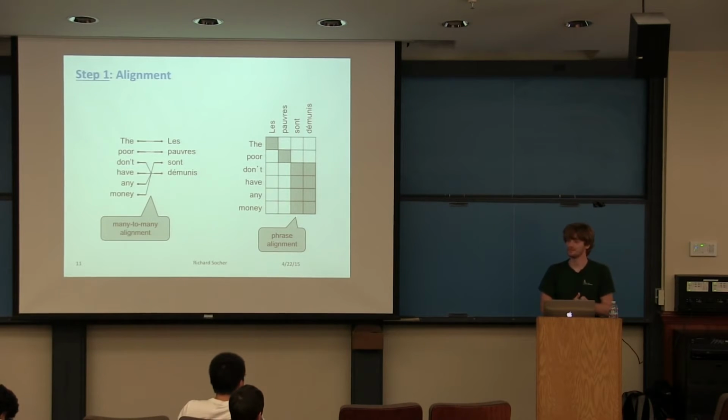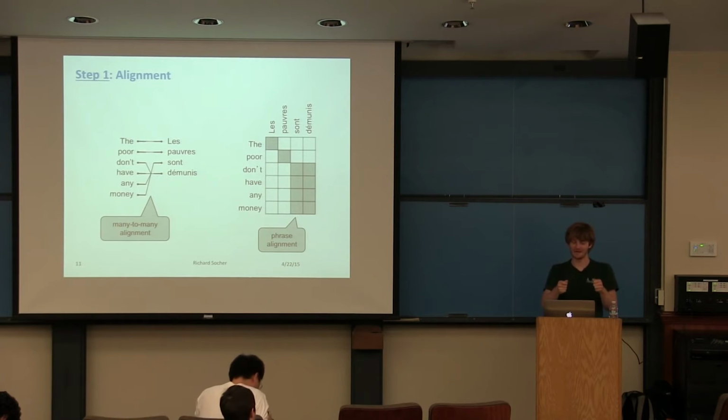And in some ways, there had been a revolution in machine translation, and there are some mean quotes about linguists, such as "whenever I fire linguists, my accuracy in translation goes up," and things like that. Basically, in the beginning, the statistical methods were the revolution in some sense, because they tried to not manually say, all right, whenever I see exactly "don't have any money," I will translate it to "sont démunis," right?